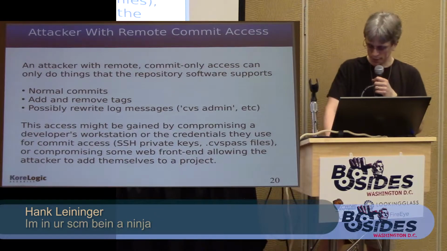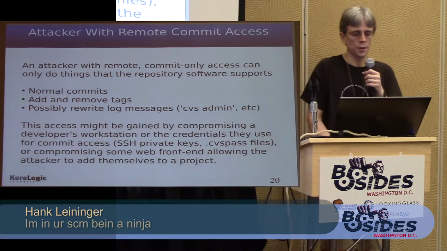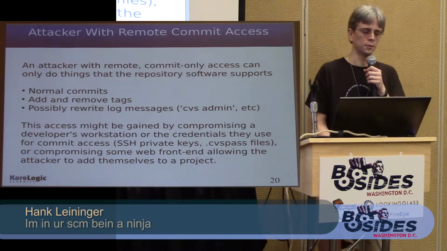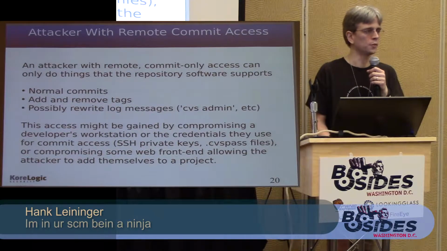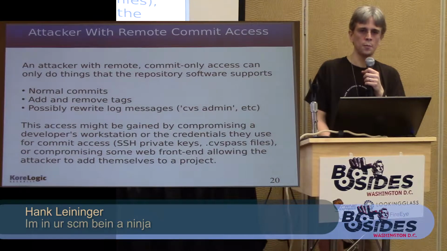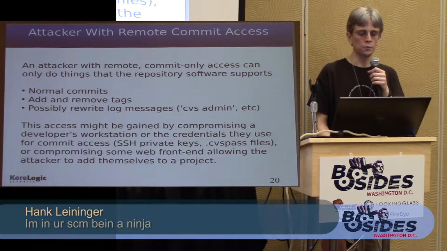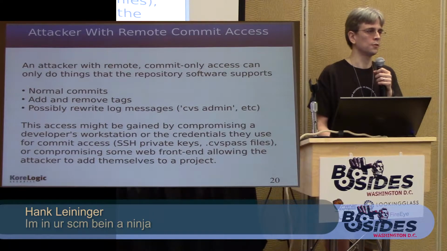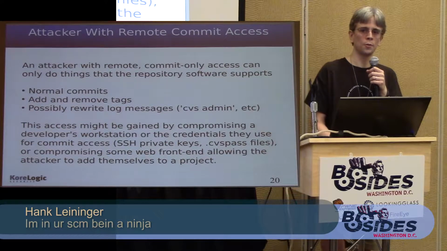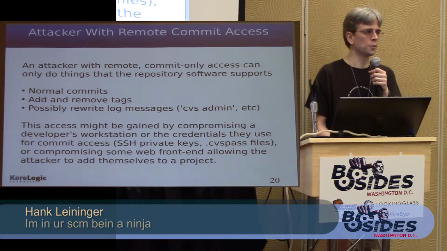There are various ways you might get that kind of access: compromise a developer's home machine or their workstation. You don't need to compromise the back-end server if you can inject code by compromising the developer's regular account. Or, especially in the case of public repo servers, there's typically some kind of web front end that you can use to manage access to your repos.